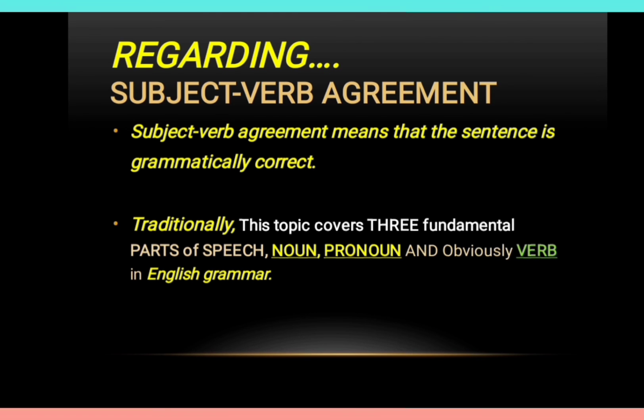Traditionally, this topic covers three fundamental parts of speech: the first is noun, the second is pronoun, and obviously, verb in English grammar. That is the traditional rule of subject-verb agreement. It is a very important topic regarding English grammar, and I have discussed the first 17 rules in my four lectures.